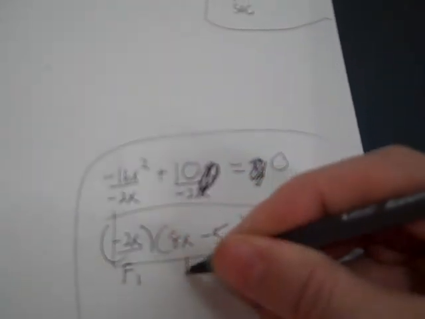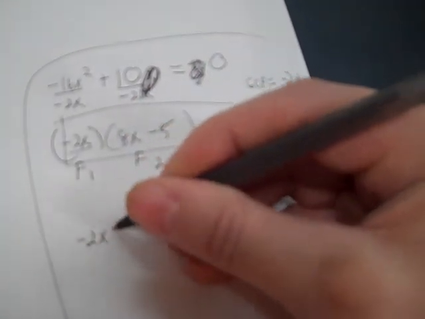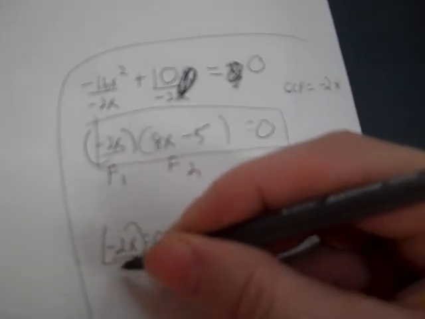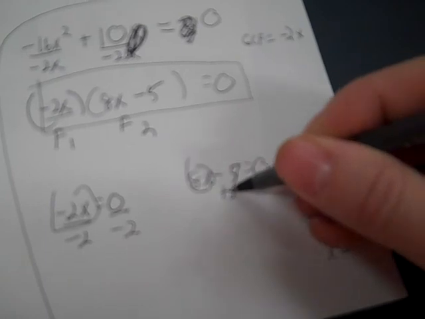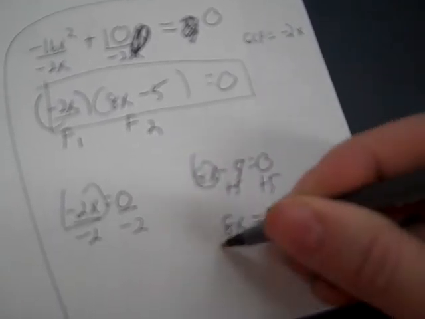Okay, F1, F2. So I know that there are two answers to this problem. So negative 2x could equal 0, or 8x minus 5 could equal 0. So I divide by negative 2, and that gives me 0. Then I plus 5, plus 5. 8x is going to equal 5 here.